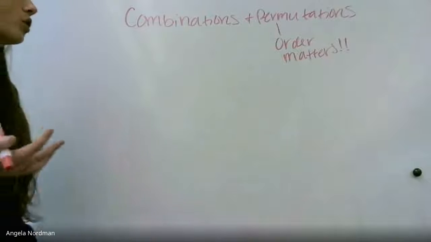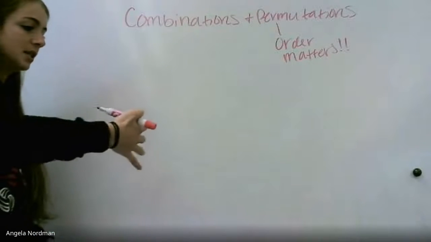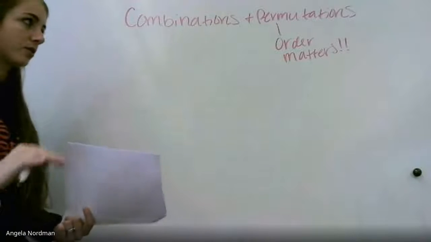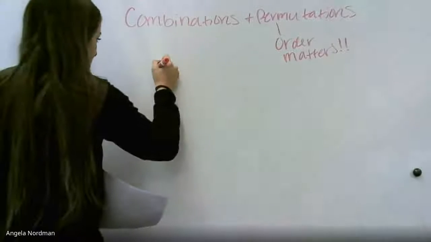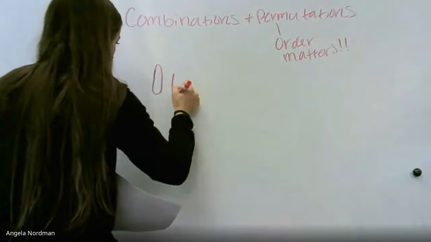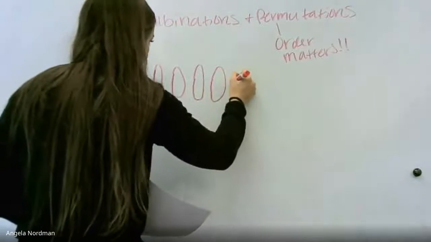In this one, order is going to matter because, if we said A, B, C, D, E, F, 6 different letters, let's actually make 6 water bottles. That's a water bottle. Oh, these are awful. We're just going to say that these are water bottles, okay?